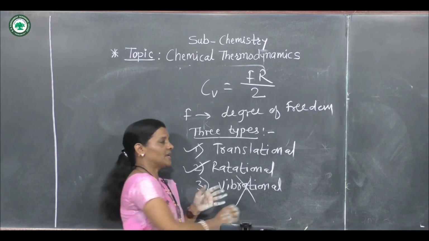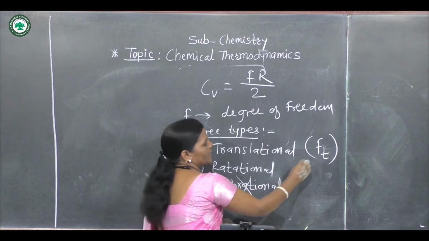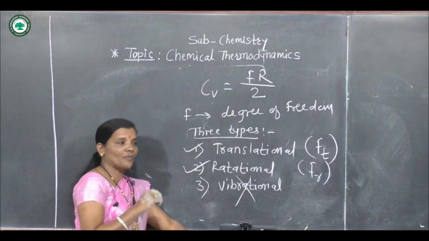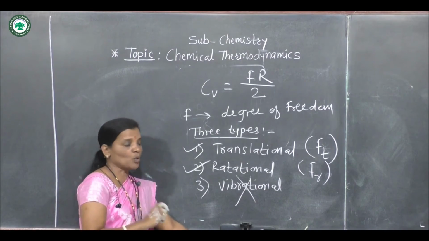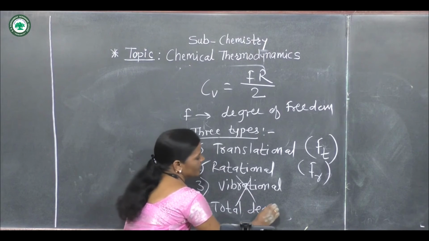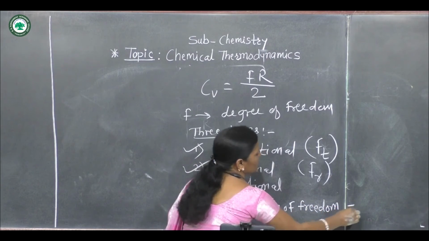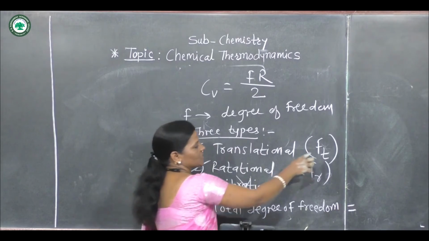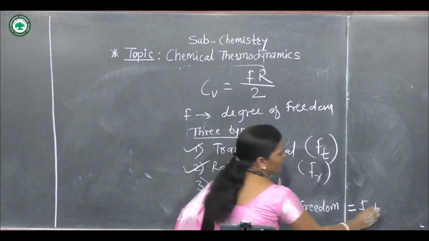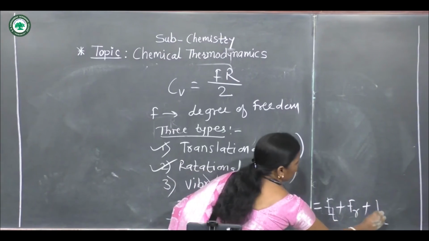Translational degree of freedom is denoted by FT. Rotational degree of freedom is denoted by FR. So if we want to find out total degree of freedom, we can write total degree of freedom is equal to translational degree of freedom FT plus rotational degree of freedom FR plus vibrational degree of freedom FV.